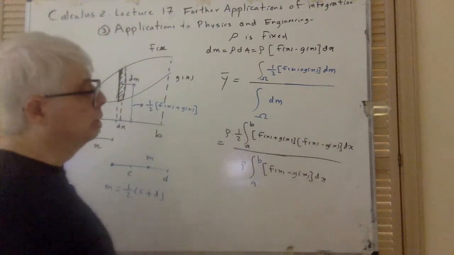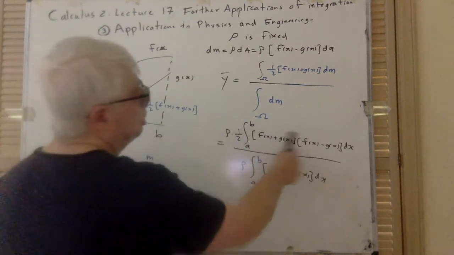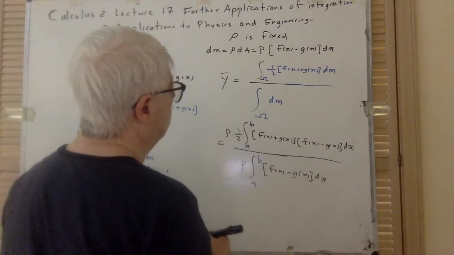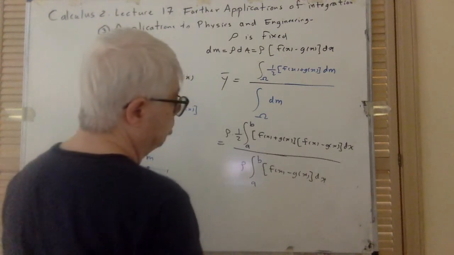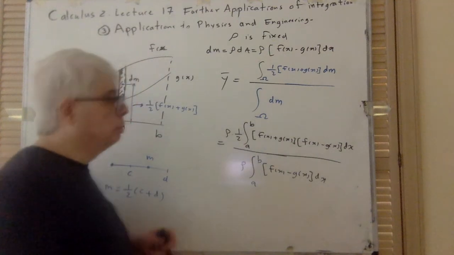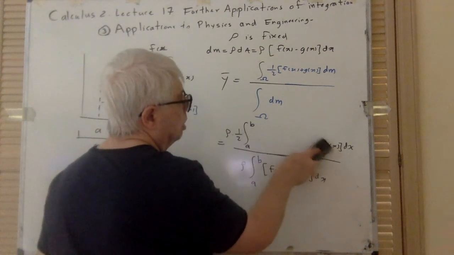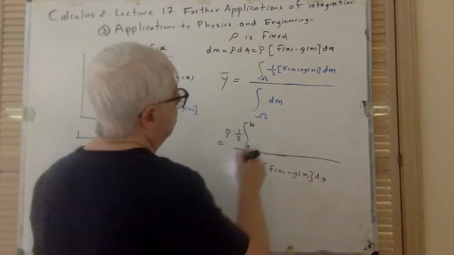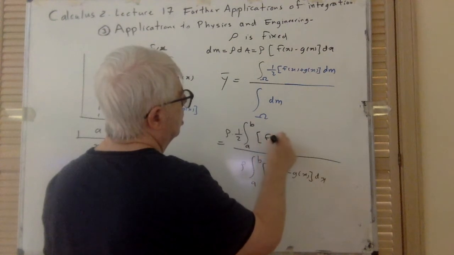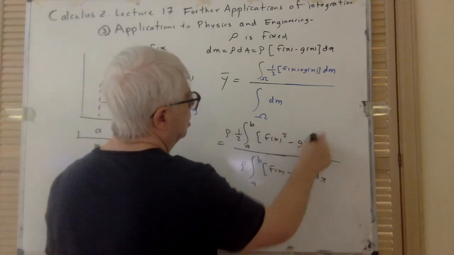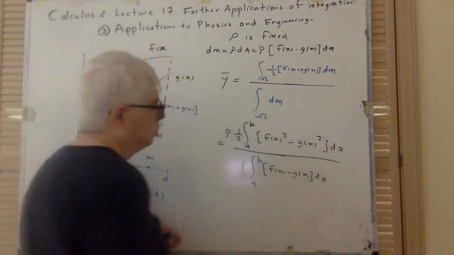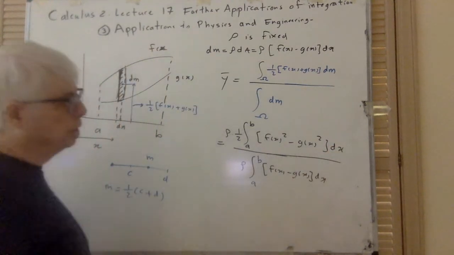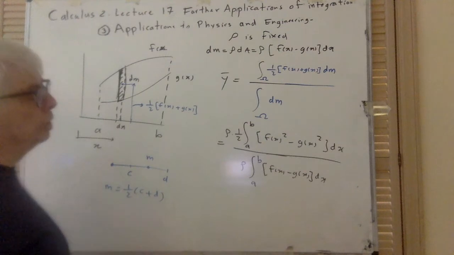The top one is a plus b times a minus b, and I can simplify that and write it as f(x) squared minus g(x) squared dx. Okay, so that is the y coordinate of the center of mass of this object.